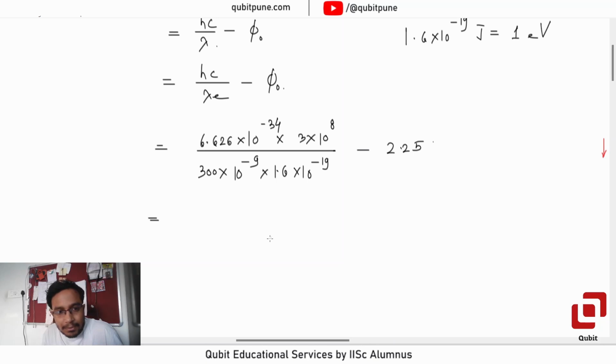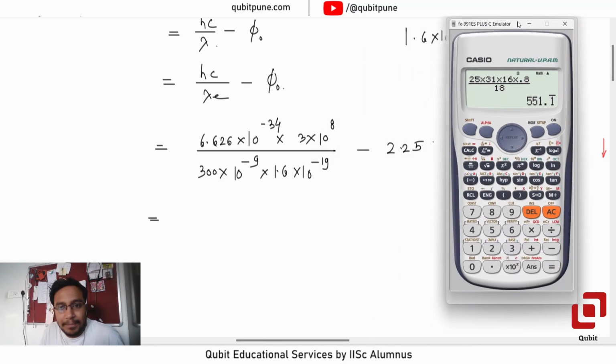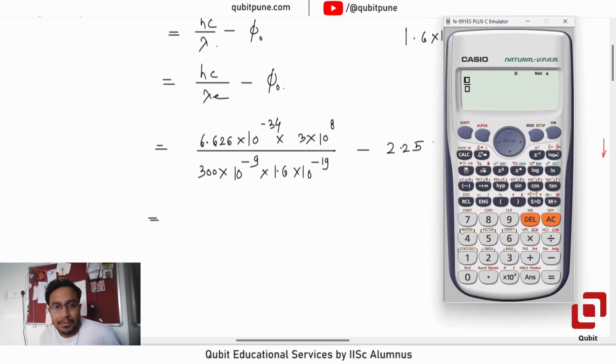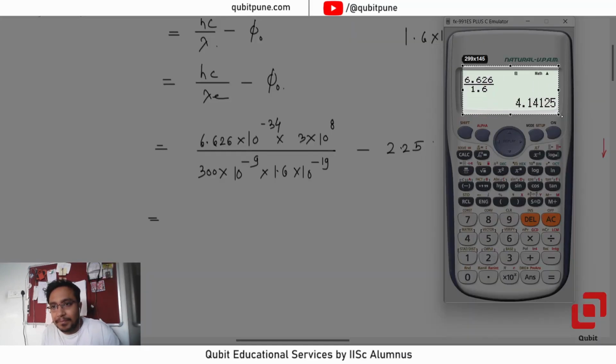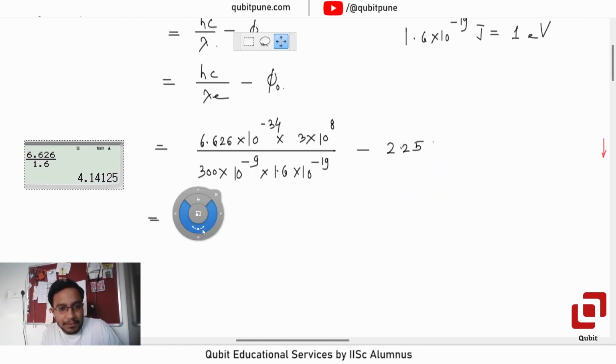Allow me to use the calculator this time. And let us also take note of this ratio, it could be useful later on. Say around 4.14. It's around 4.14, you may take it as 4.